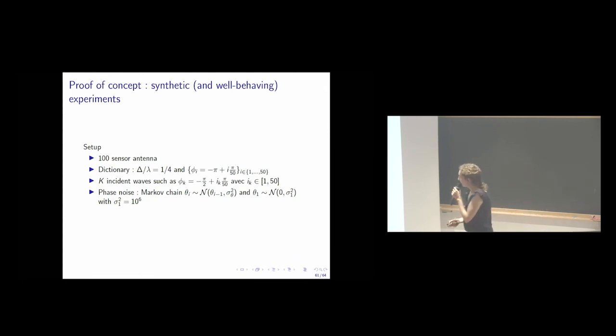Okay, it is much more difficult to get real data in underwater acoustics, so I did some synthetic experiments. Here I have a 100-sensor antenna, and I have a dictionary of 15 directions of arrival and k incident waves. And I consider a phase noise which obeys a Markov chain.